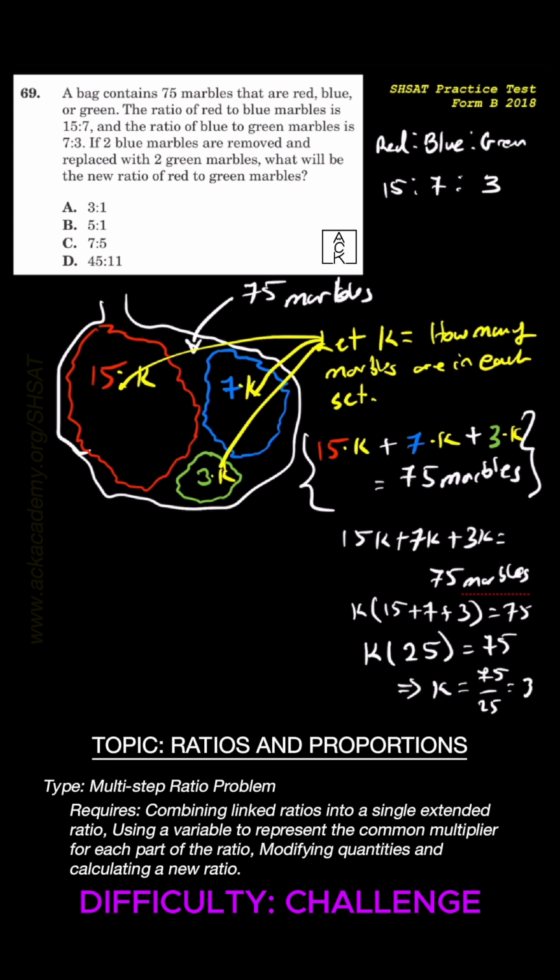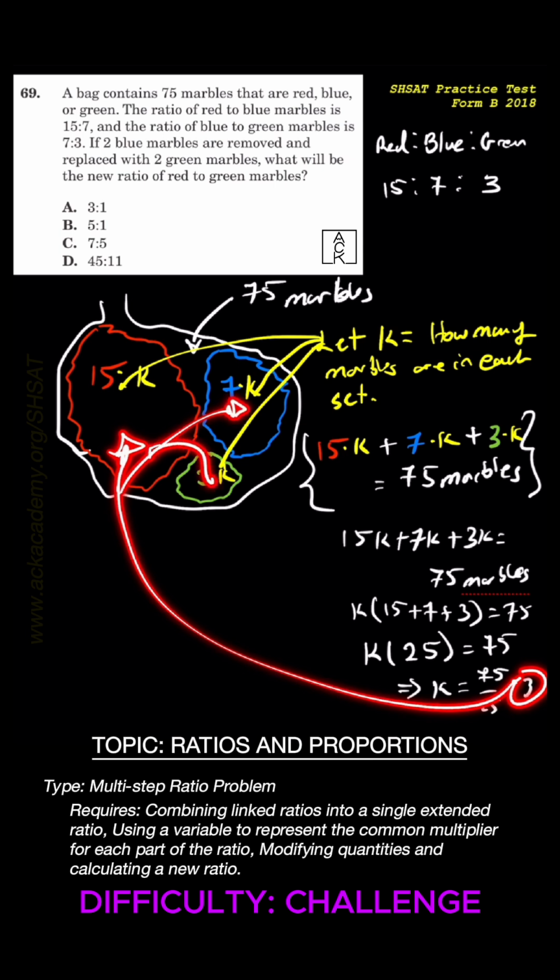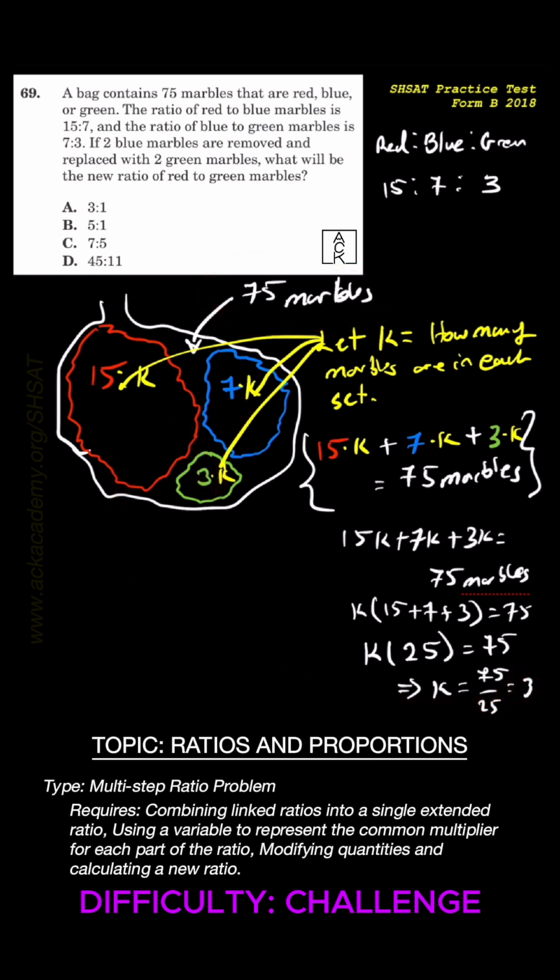Now, what does that tell us? That tells us that when we put this k, this 3, back into here, and into here, and into here, we will get 75 marbles in total. At least that's how it should work.